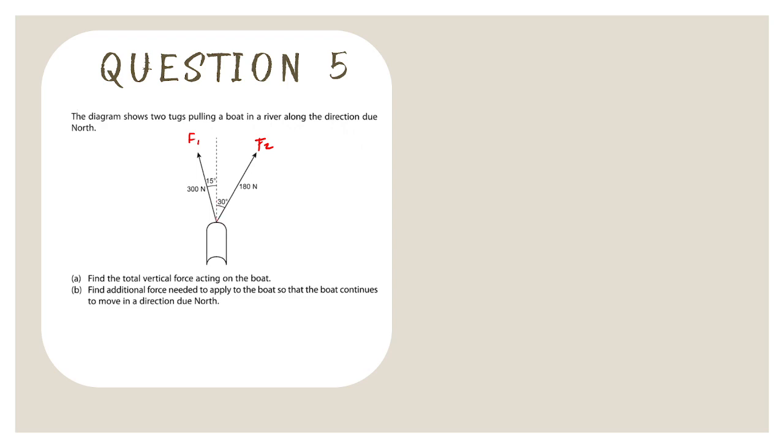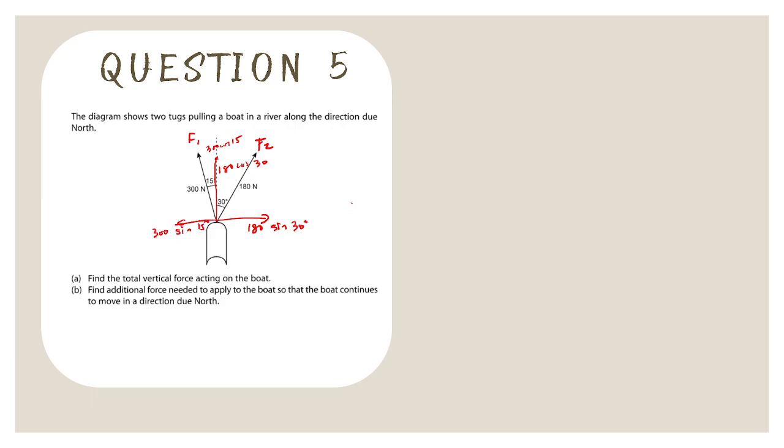F1 in the y direction, this one will be 300 cos 15. This one will be 180 cos 30. Okay, in the y direction. In the x direction, this one will be 180 sine 30 degrees. This one will be 300 sine 15 degrees.